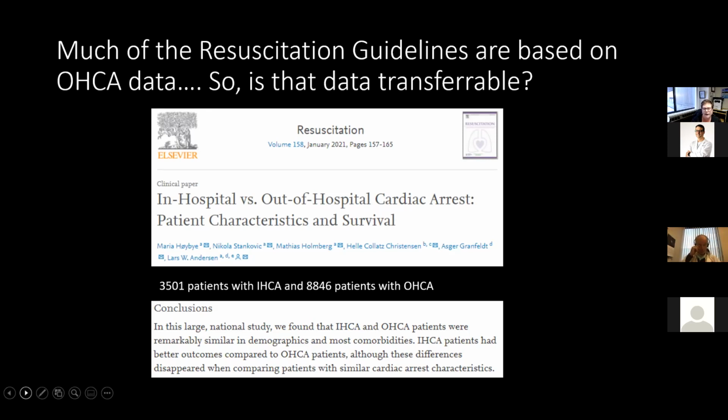And they identified that in-hospital cardiac arrest patients should actually have a better outcome because they're often witnessed and you have healthcare providers trained in BLS and ACLS. So yes, we think we can transfer the data.